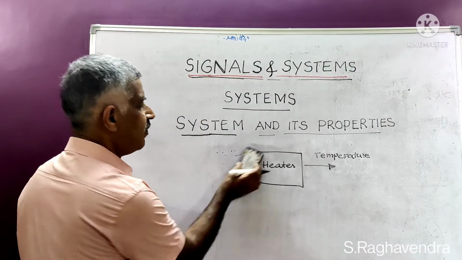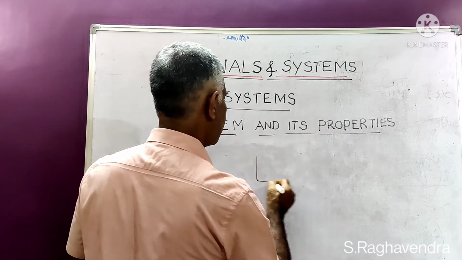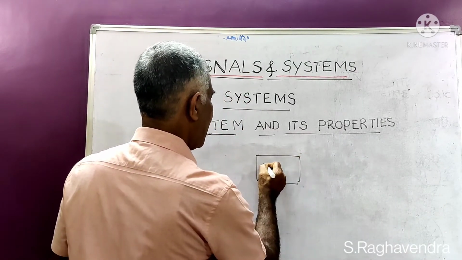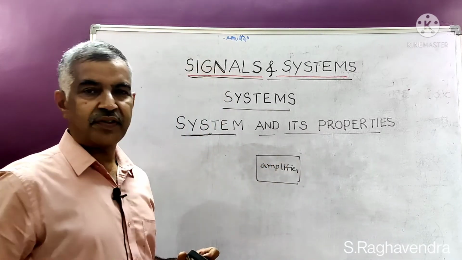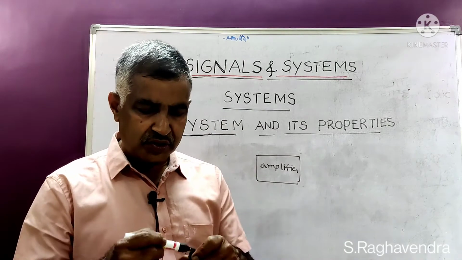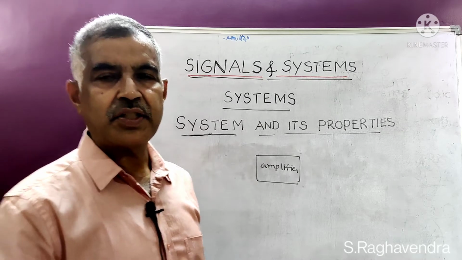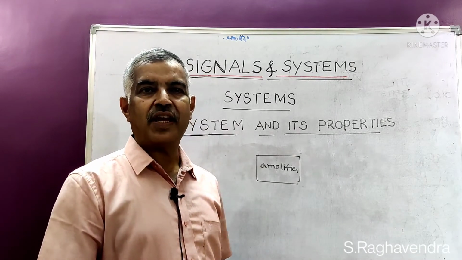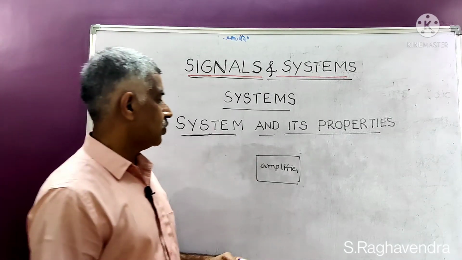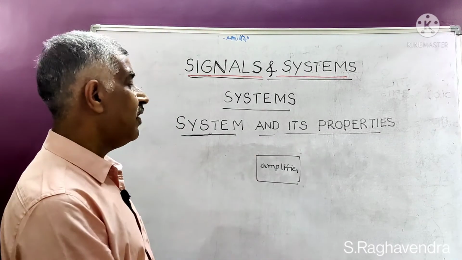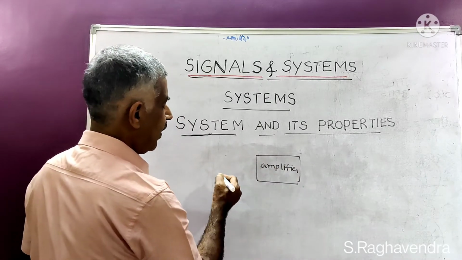In this way you can give a good number of examples. Take for example amplifiers. An amplifier is a process. We use amplifiers in public address systems, where we raise the level of music or human speech, is it not? To elevate the height, we employ amplifiers.